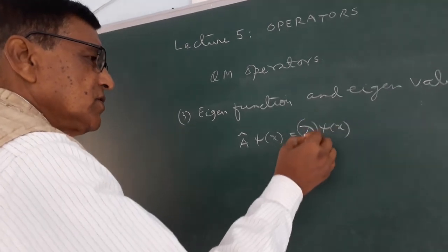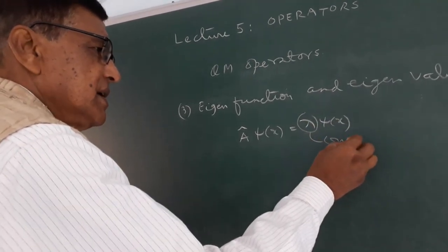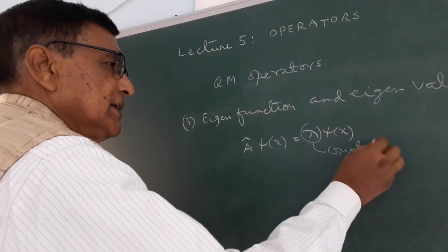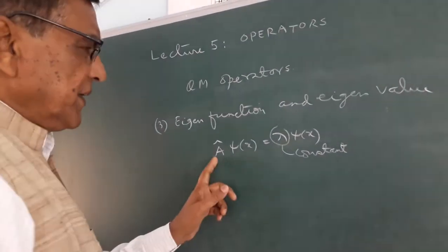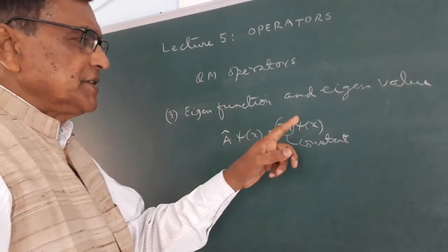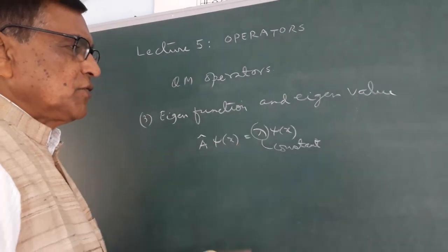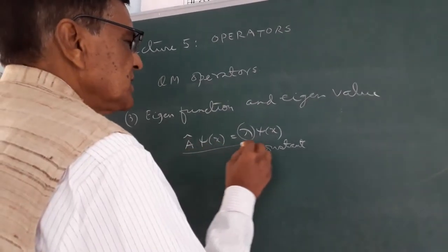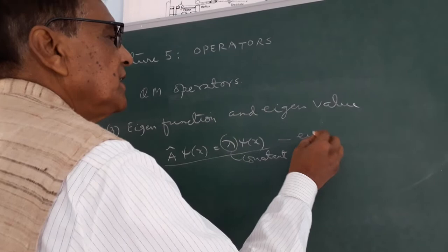Say this one is a constant. Whenever the operator operates on this function and gives the same function multiplied by some constant quantity, this equation is called the eigenvalue equation.